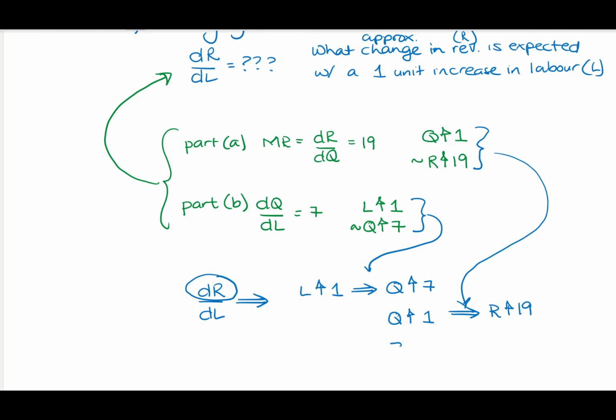So if Q is going up by 7 units with a 1 unit increase in L, how much will revenue increase by? Well, we can multiply 19 times 7. L goes up by 1 unit, Q goes up by 7, R goes up by 19 times 7.